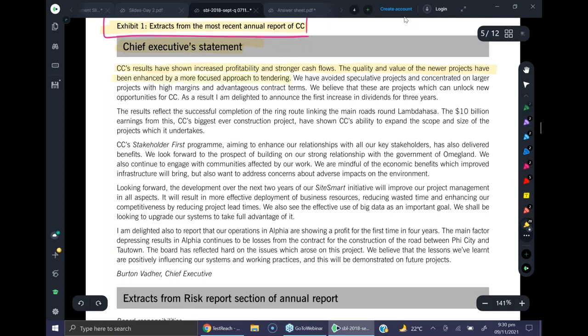This is what the Chairman is telling the public, in a kind of sugar-coated way. He further says that we have avoided speculative projects and concentrated on large projects with high margins and advantageous contract terms. We believe that these are the projects which can unlock new opportunities for CC.